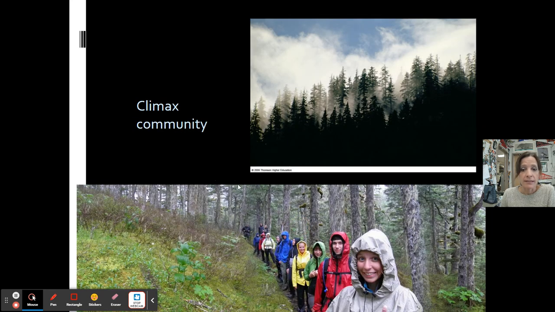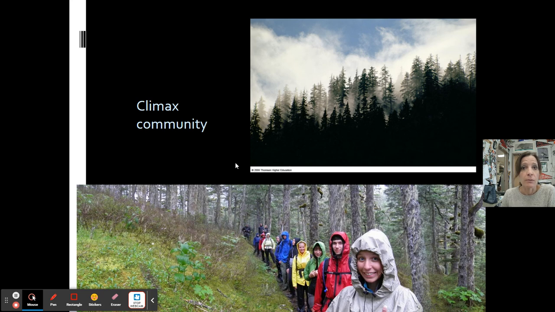Whereas in a different place in Alaska, here's some of the students that went, you have what's called a temperate rainforest because you've got lots of water and you've got less wind and it's not as high in elevation. If you think of our climax community outside in Colorado up here, we have a montane forest.